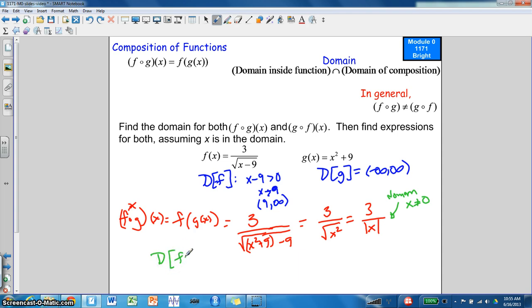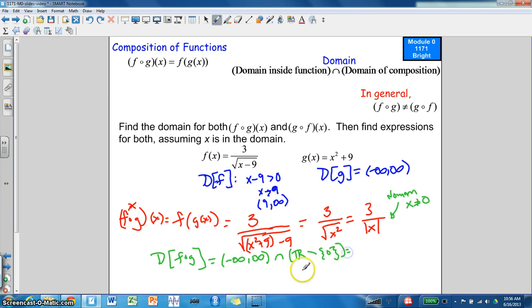And so the domain of f of g is equal to, okay, I have to do the domain of the inside function, that's g, so it's going to be negative infinity to infinity, and I have to intersect that with whatever the domain of the composition is. So I said the domain is all real numbers except 0, so I'm going to use double bar R to mean all real numbers, same as this, except the 0.